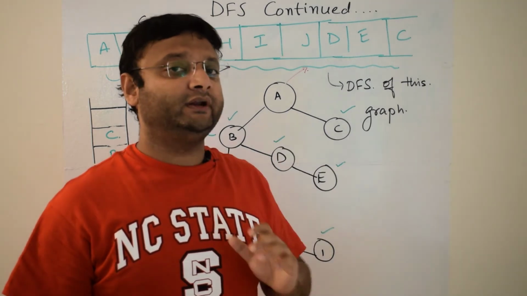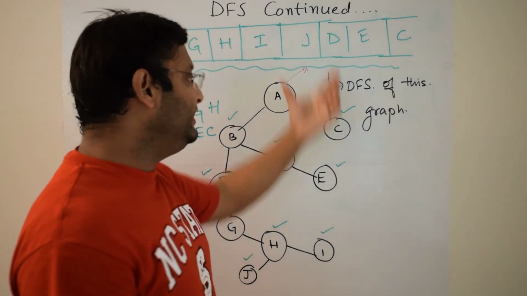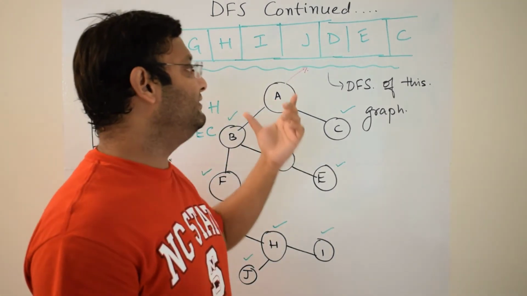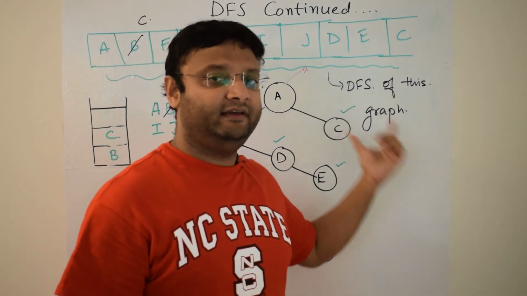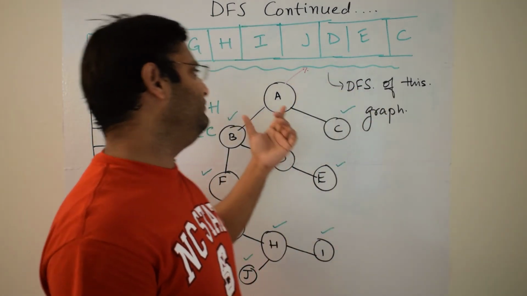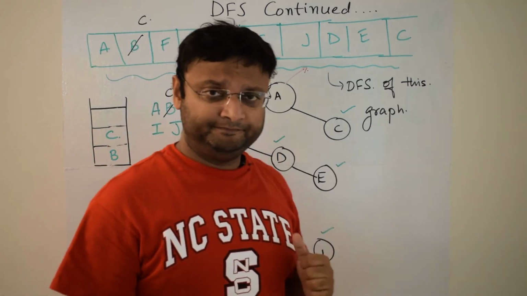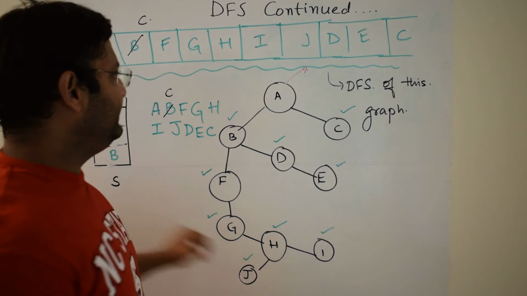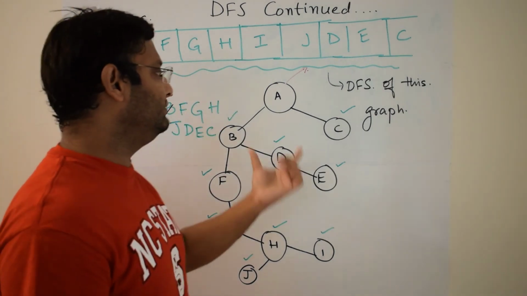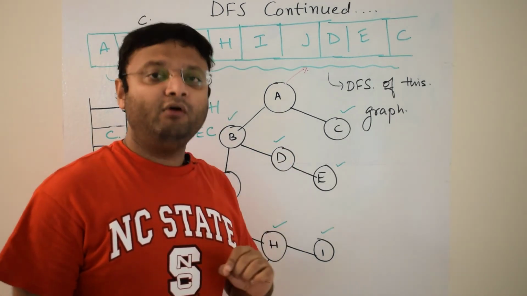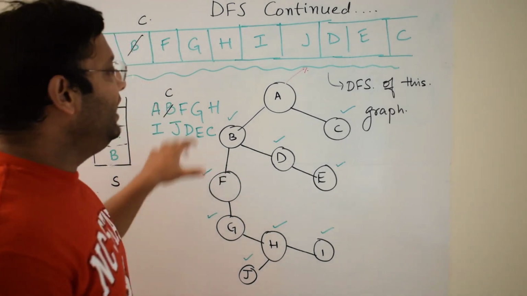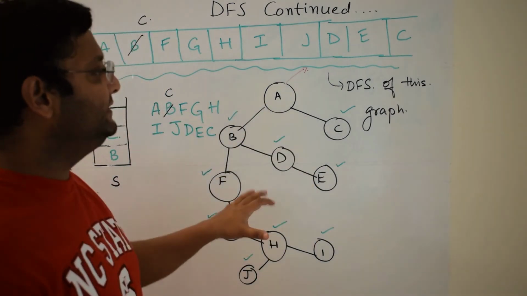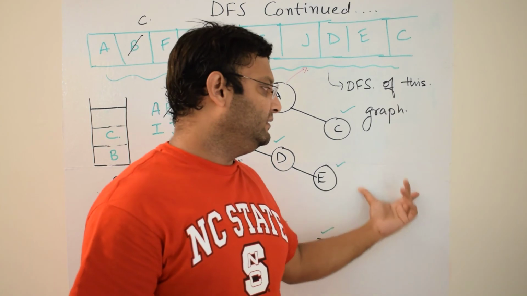They will give you a question and ask which DFS traversal of this graph is possible if we start from this node. We'll see those questions later on, but this is the main concept, the pictorial representation of this algorithm. Now we'll write the code and see how we are going to implement all this in normal C code.